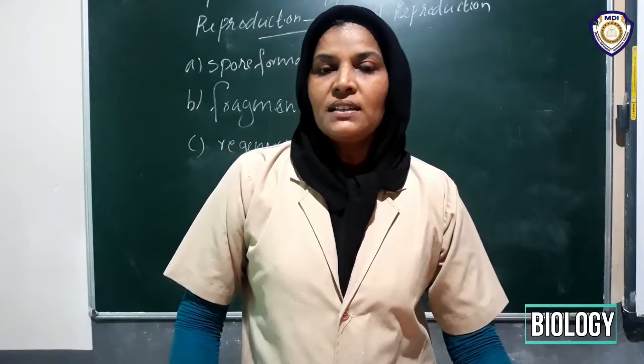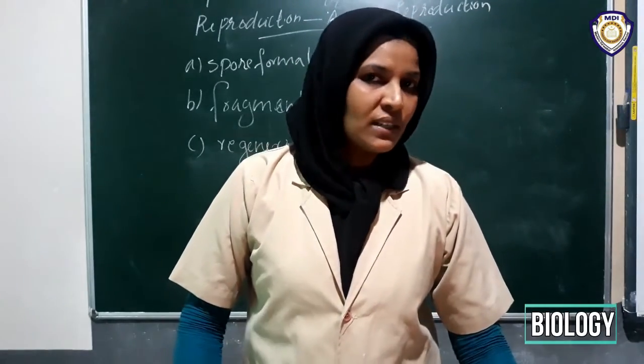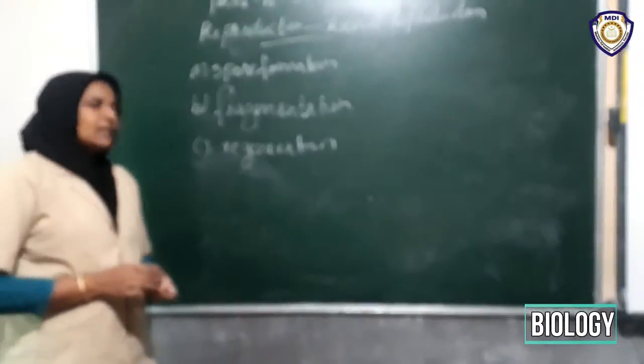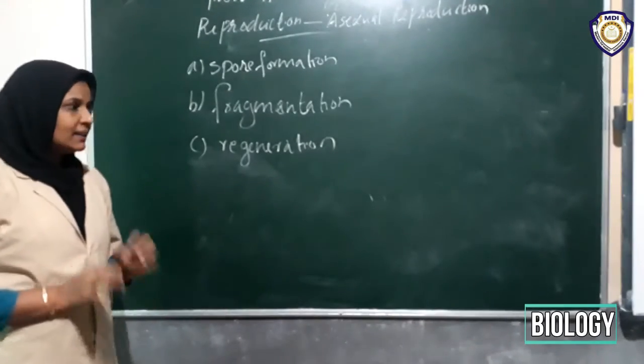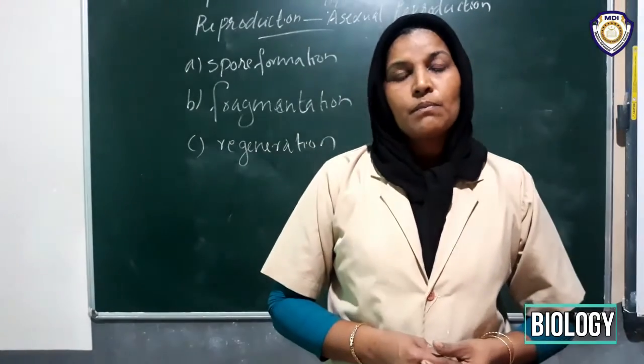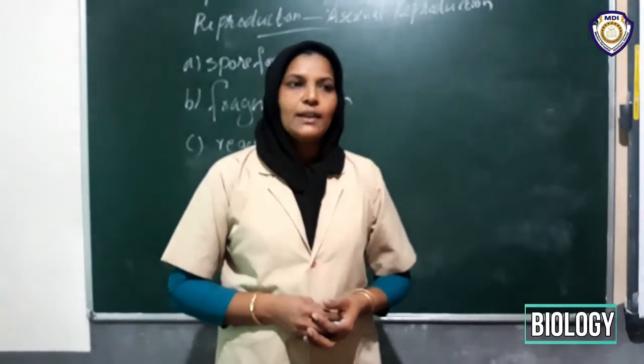It is the capacity of the organism to replace its lost body parts. You understand? To replace its lost body parts. For example, planaria exhibits more regenerating capacity than hydra and sponges.